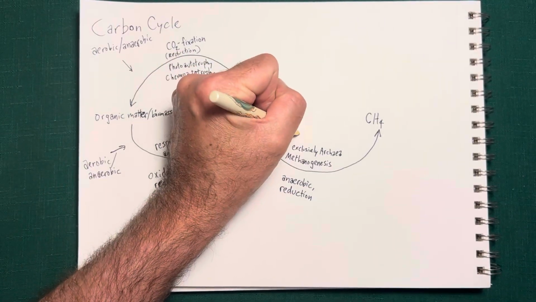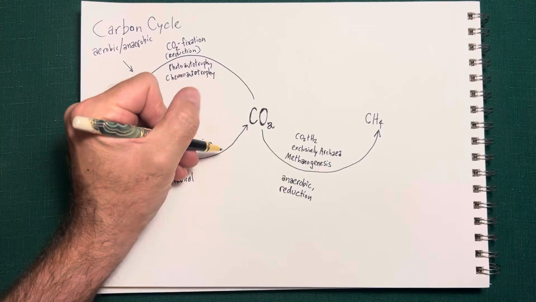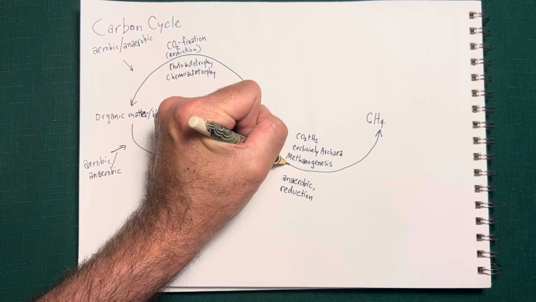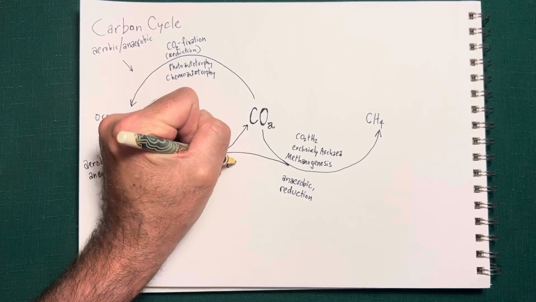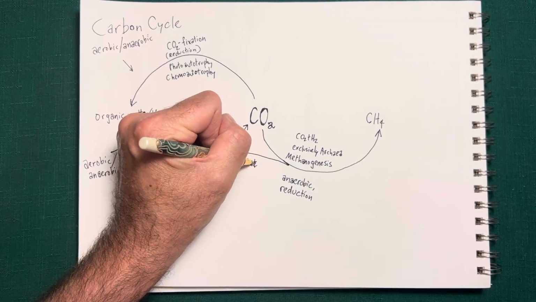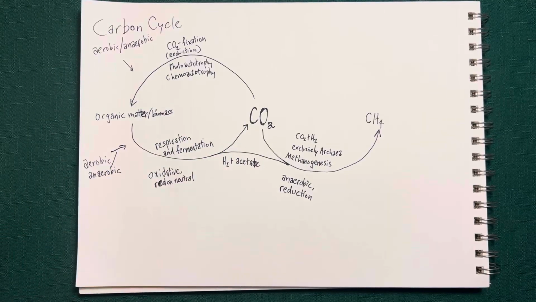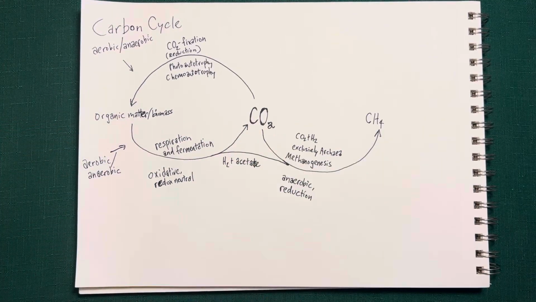So that can be done by adding carbon dioxide to hydrogen gas, or there's another pathway that can take organic matter like acetate, acetic acid plus hydrogen, and we can convert that into methane.